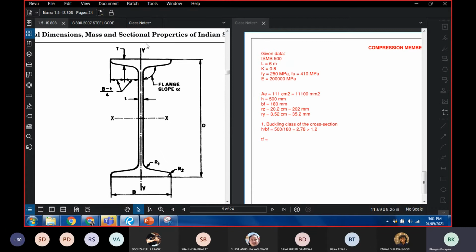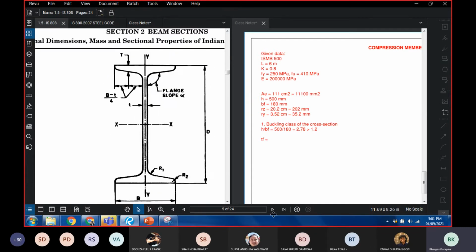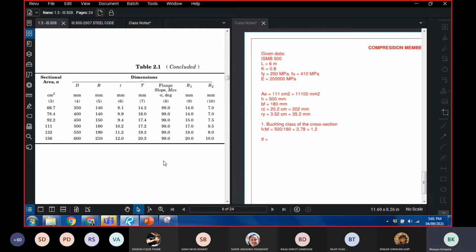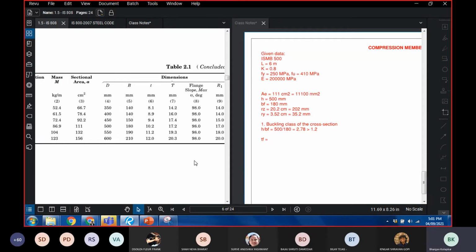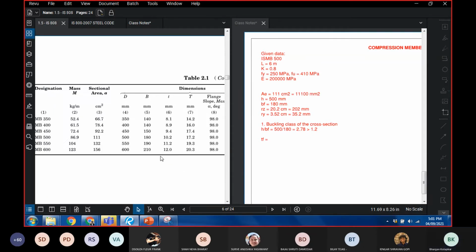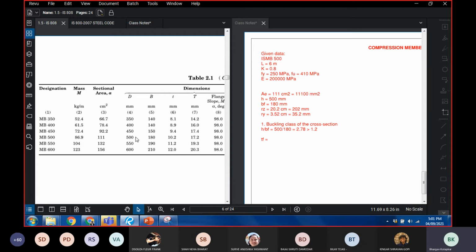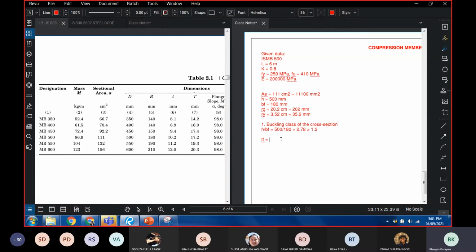This is our flange, this is the thickness of flange, and this is the thickness of web, denoted by small t. So for ISMB 500, small t is the thickness of web, and capital T, the thickness of flange, is 17.2. Please note that the unit is mm, 17.2 mm.